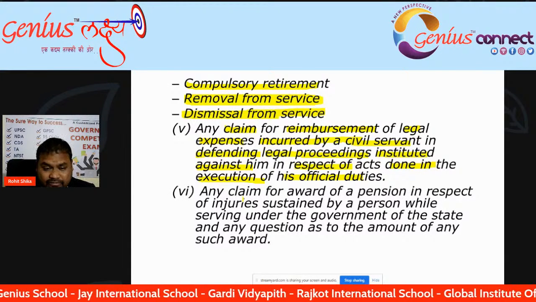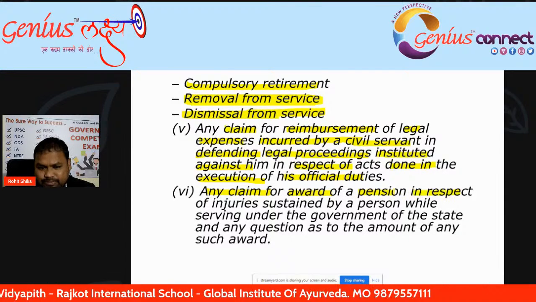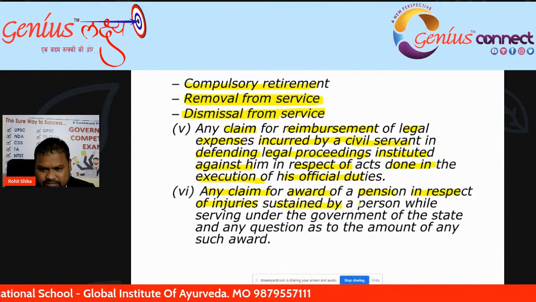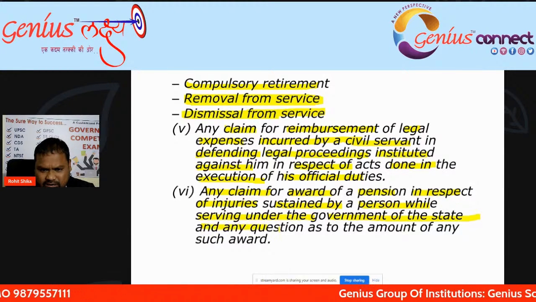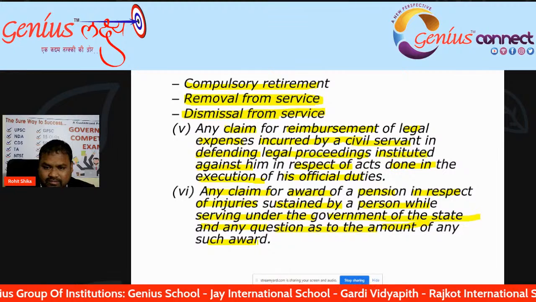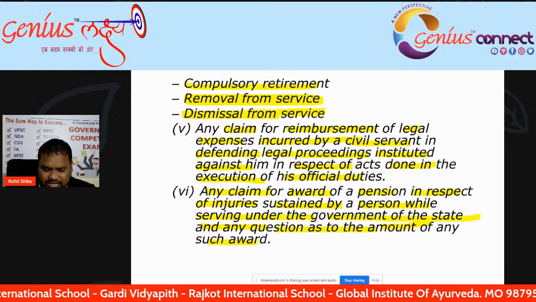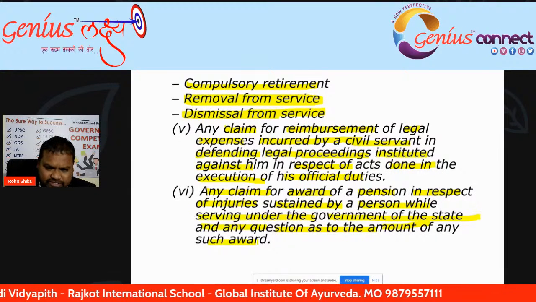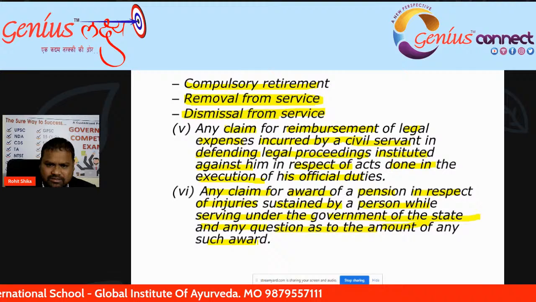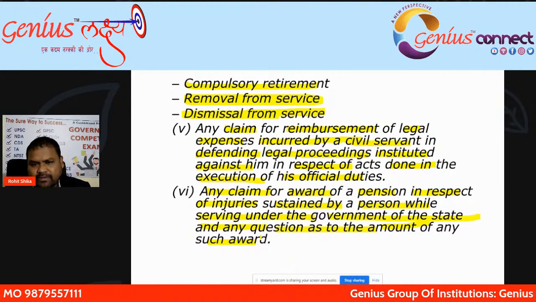Also, it takes care of matters like any claim for award of the pension in respect of injuries sustained by a person while serving under the government of the state. Means if a person meets with an accident or injuries during the service time at the workplace, these matters are taken care of by State Public Service Commission.